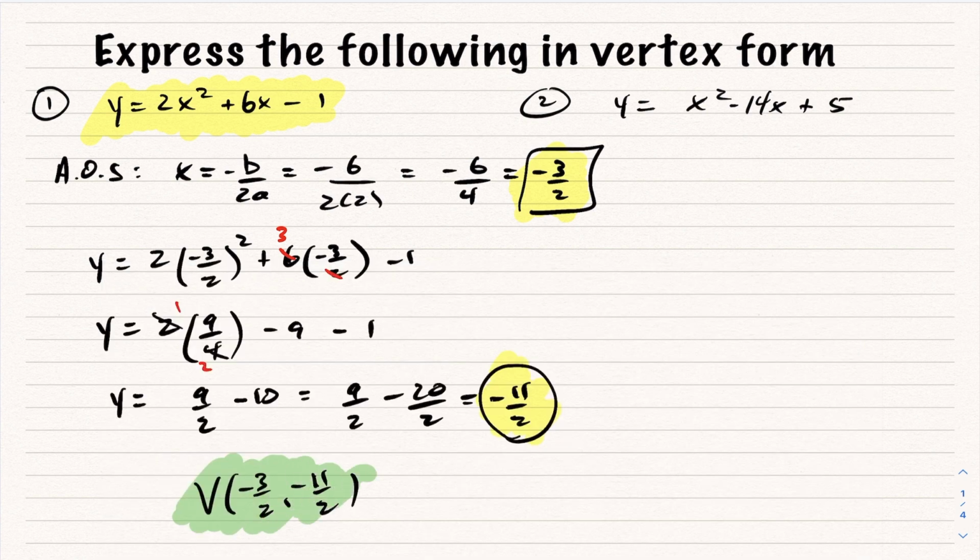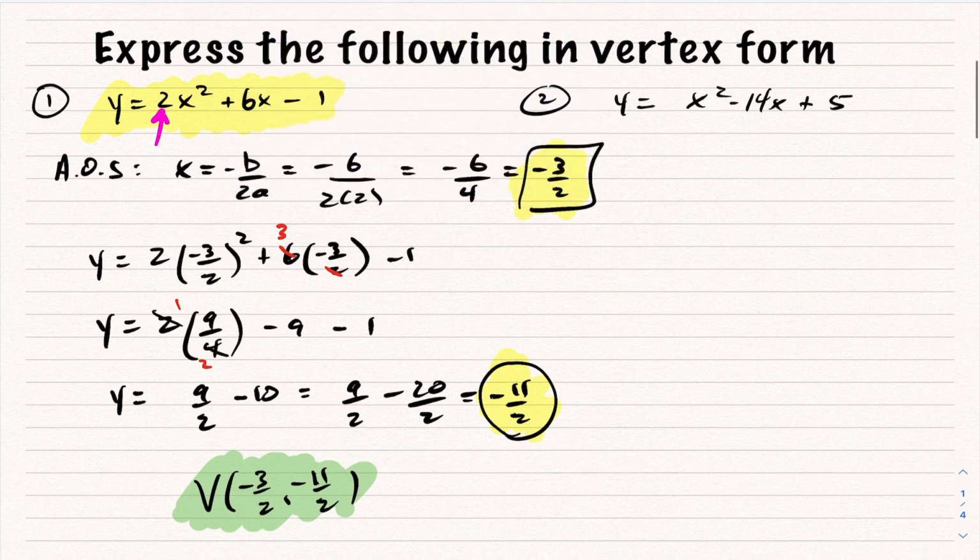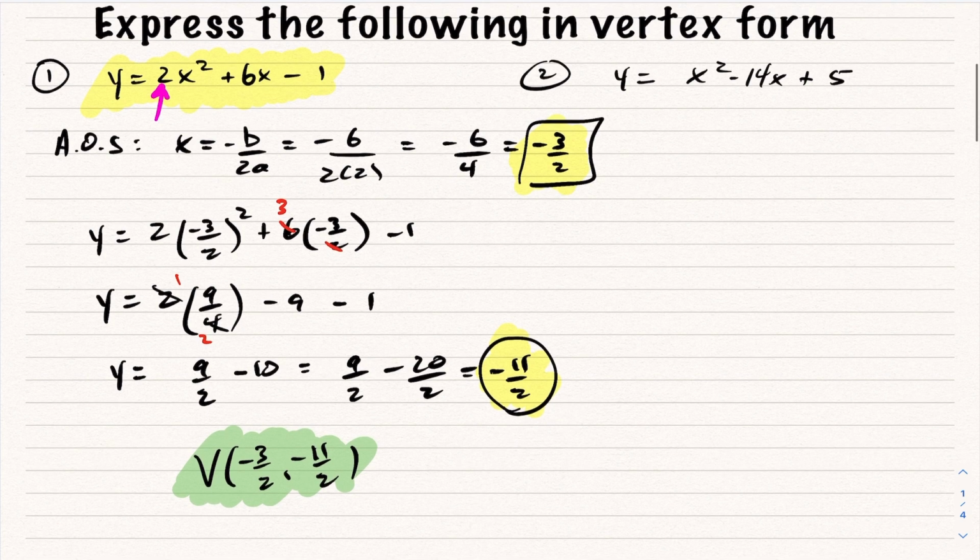Now if we want to put this in vertex form, the main thing, and this is a really important result, is that your a value is the same. My a value will be exactly the same, and that's everything I need. Because the equation of vertex form is y equals a, x minus h squared plus k.